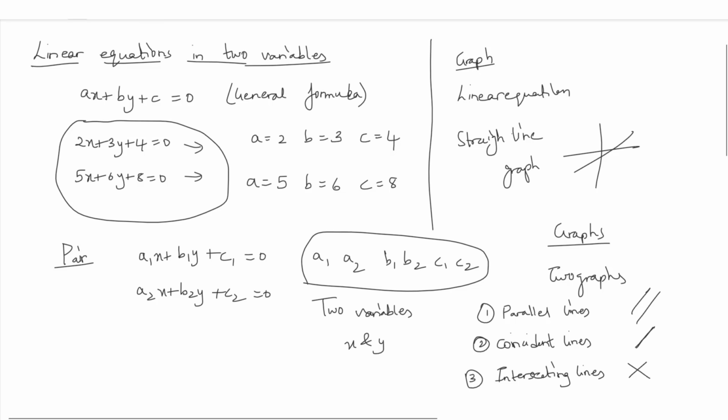Now we'll learn about a table. So this is a basic table which we have to learn in this chapter. As we know, there were two equations, that is a1x plus b1y plus c1 equated to 0, and another one is a2x plus b2y plus c2 equated to 0. On comparing the ratios, if you get a1 by a2 not equal to b1 by b2, then you get intersecting lines.